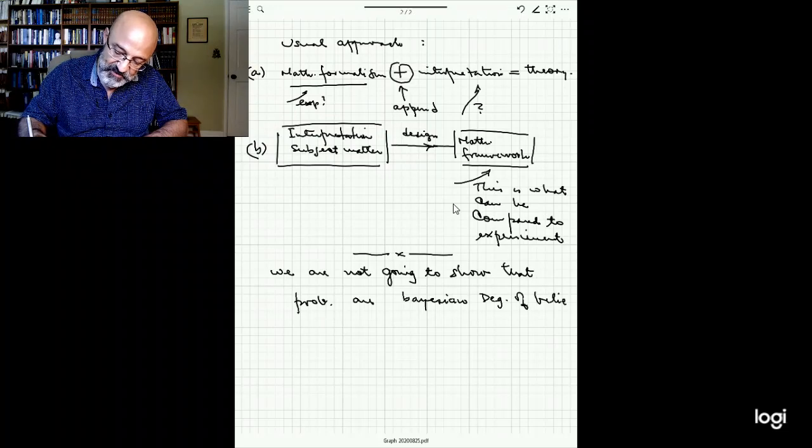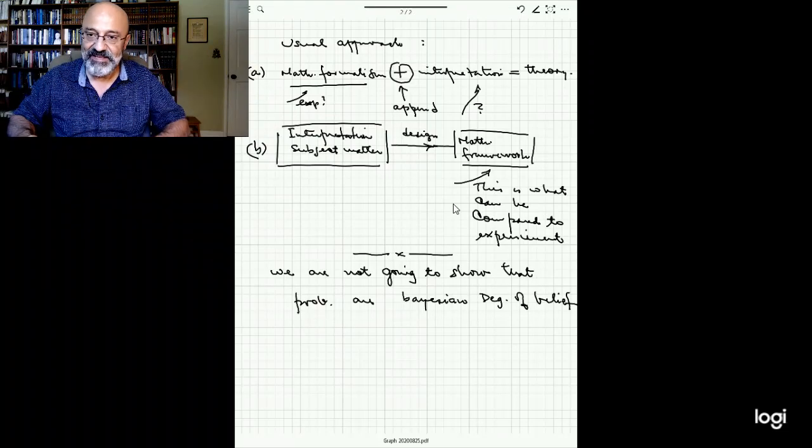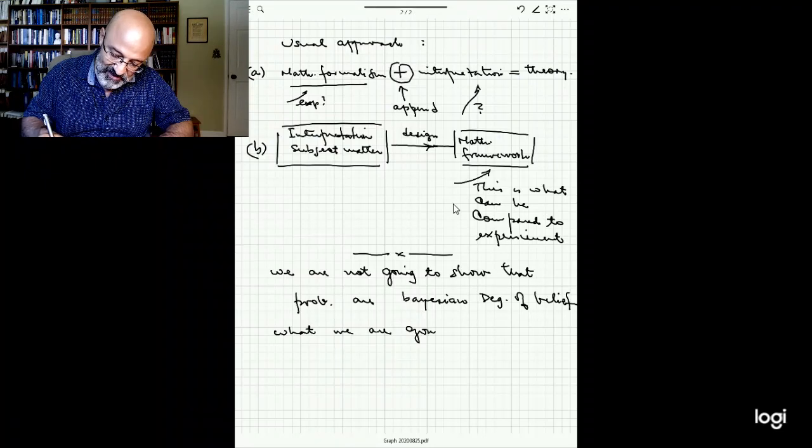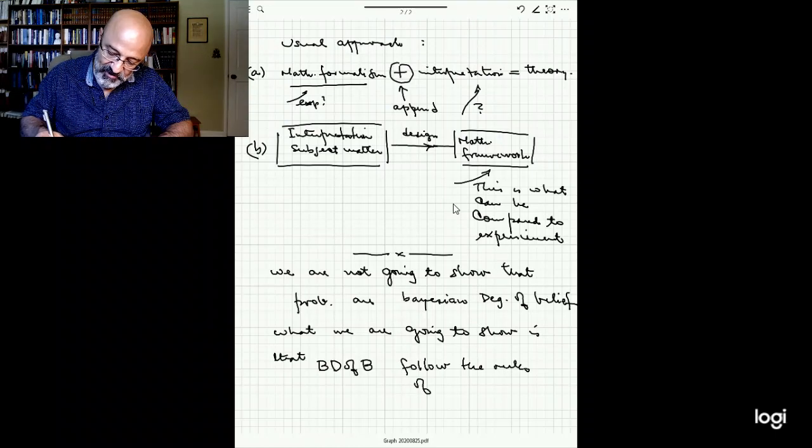These are terms that we're going to explain in full and glorious detail as we proceed. What we are going to show is that Bayesian degrees of belief follow the rules of probability.